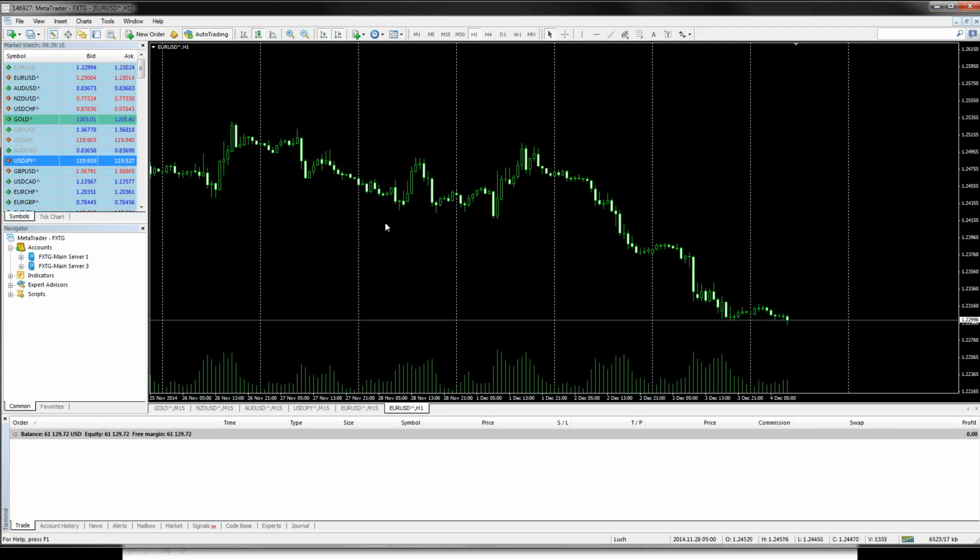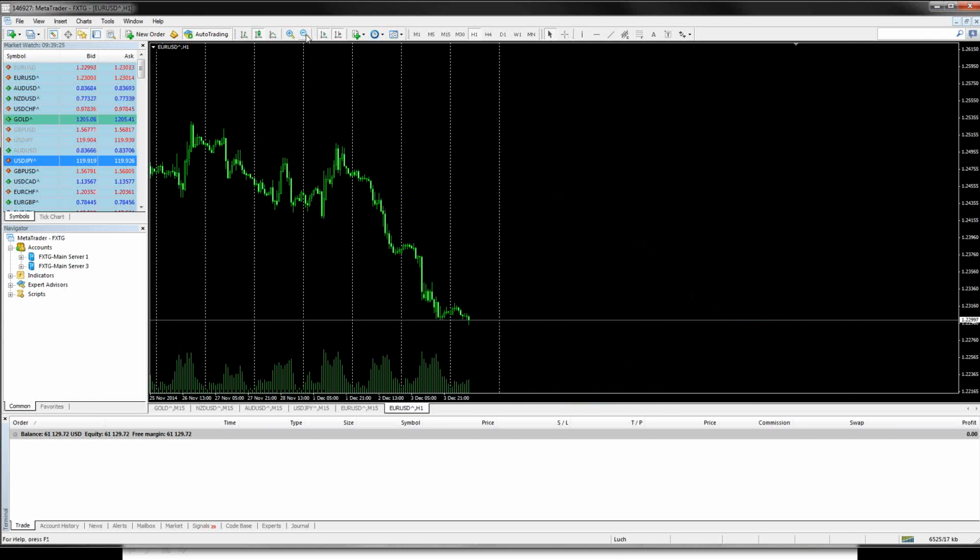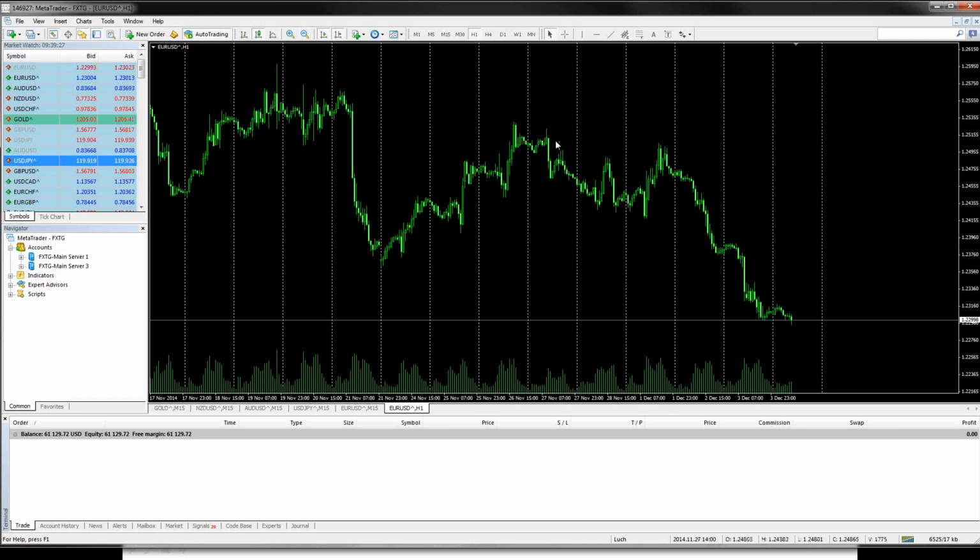All right, so right here we've got a EURUSD chart. Let me make this a little bit smaller so I can see more of the chart. Basically, if it's a downtrend, then you have to find the high and the low in the opposite direction.